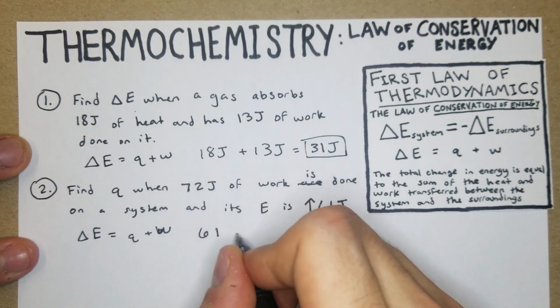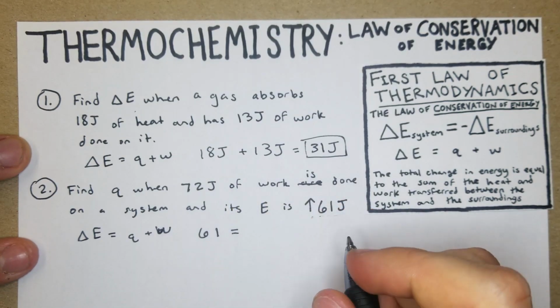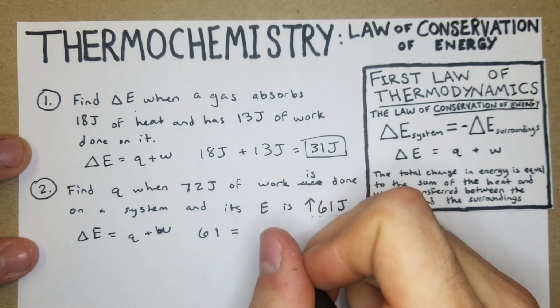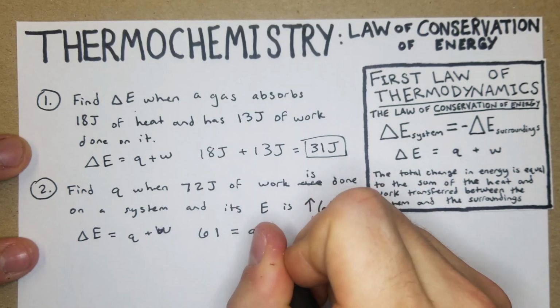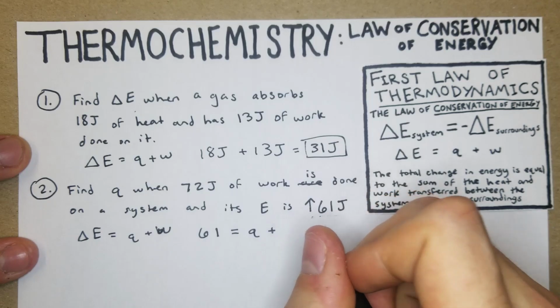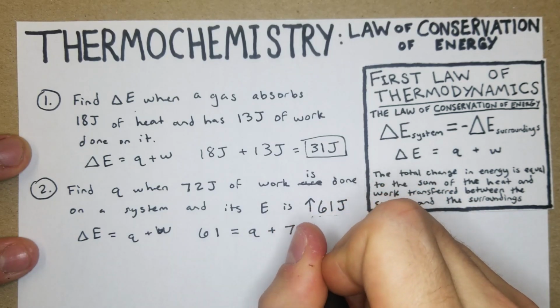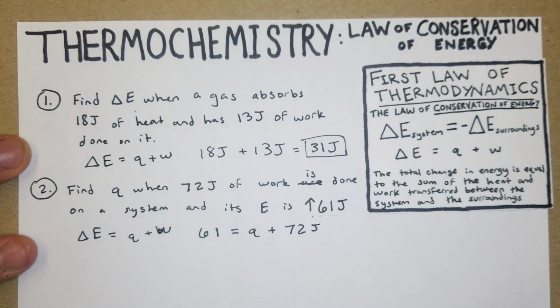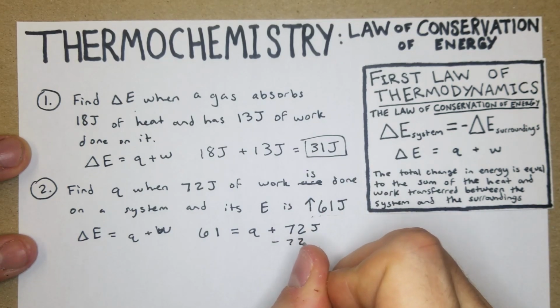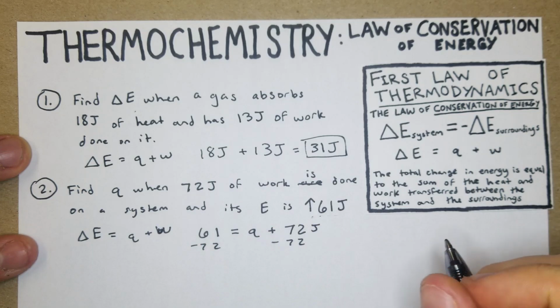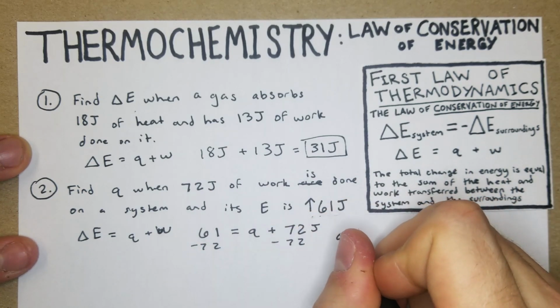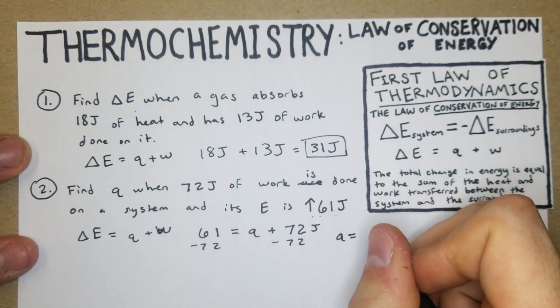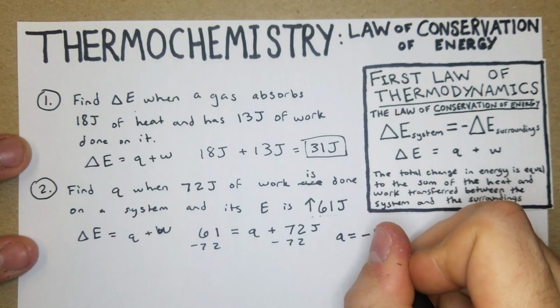So we'll say 61 is equal to Q, because that's what we're looking for, plus the work, which was 72 joules. From there, what we can do is subtract 72 from both sides, and that's going to give us Q equal to negative 11.